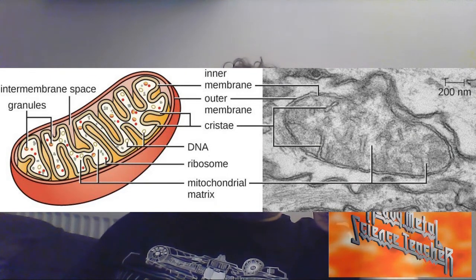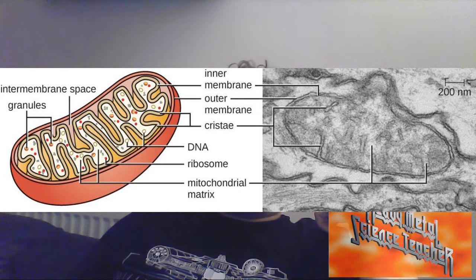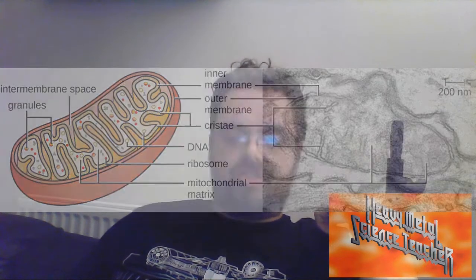Now, they are absolutely covered in the various enzymes that are involved in releasing energy from sugars and oxygen. Like I said, we'll hit that one a lot harder in later videos. So we're talking glycolysis, Krebs cycle. They are also involved in cell signaling, cellular differentiation, controlling the cell cycle, cell growth, and cell death.